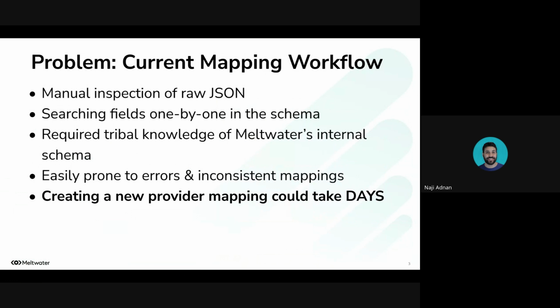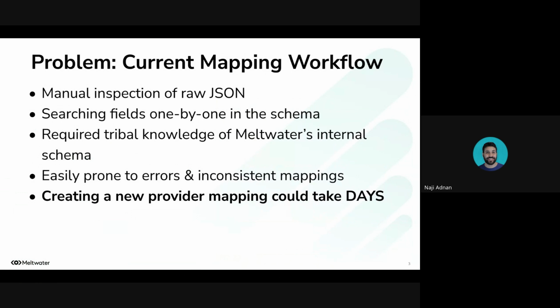And that requires them also to have a very good understanding of the internal schema, how it is structured, what the fields mean, what format they are expected to be stored in, and how they actually behave in the app, like how they are represented or reflected in the MI app.